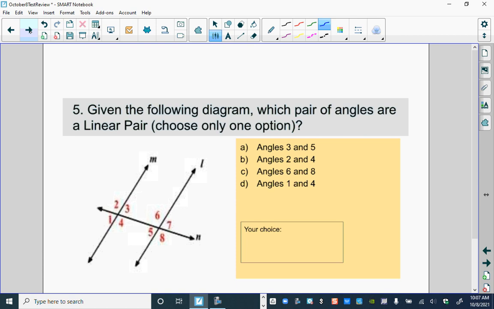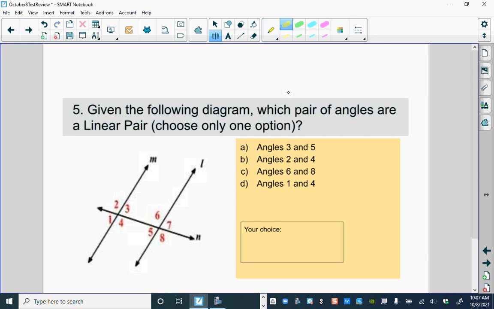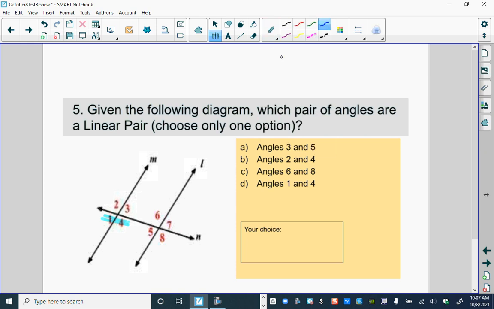All right, that's exactly the reason why, right there on that straight line. The other 3 would not work because 3 and 5 are alternate interior, 2 and 4 are vertical, along with 6 and 8. So angle 1 and 4, that's your linear pair.